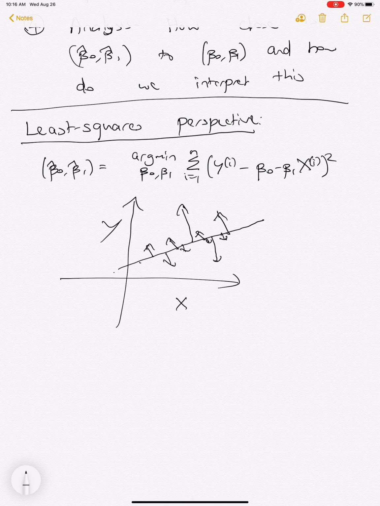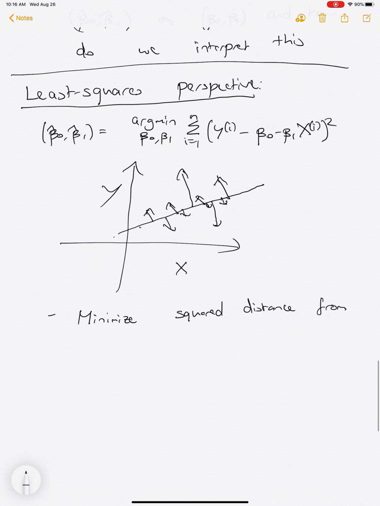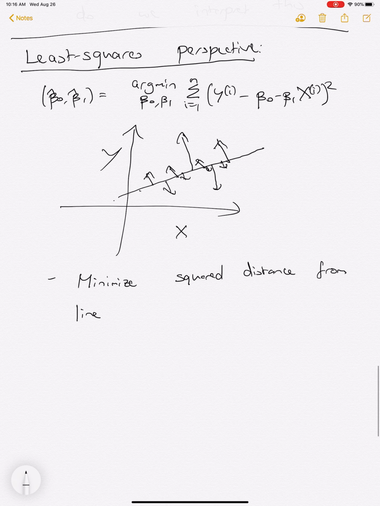So we want to minimize the squared distance from whatever line you choose to those endpoints. Okay, so.